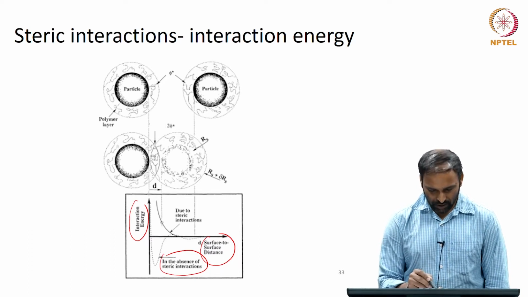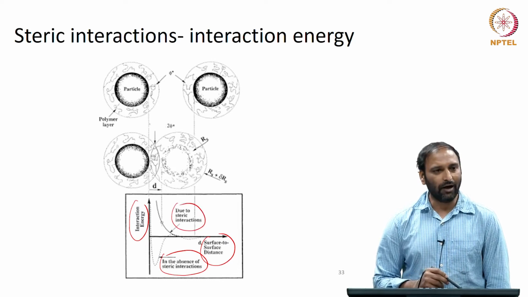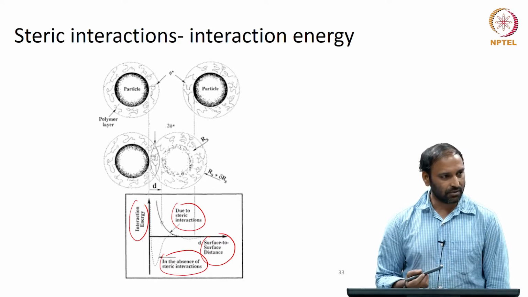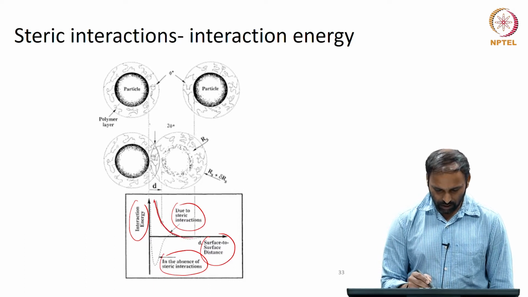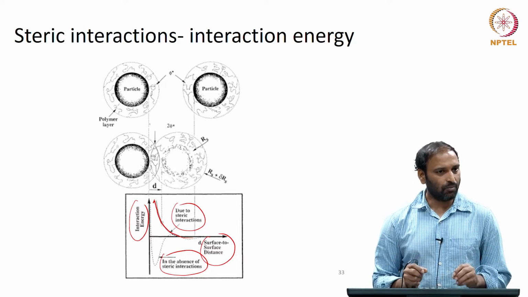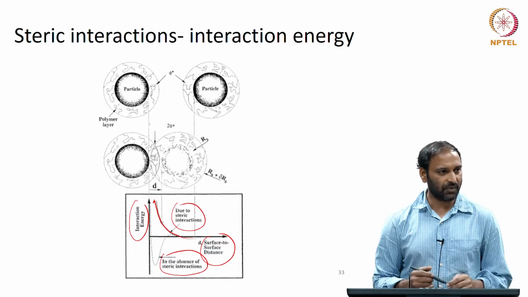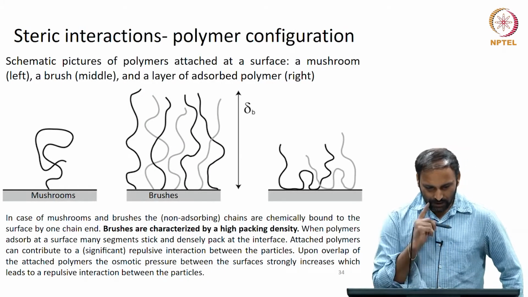However, this continuous line that you are seeing is where you have steric interaction present in the system, and depending upon the separation distance and depending upon the concentration of polymer molecules in the gap between the particles, it is going to increase, right. So, that is a typical plot that you will see.